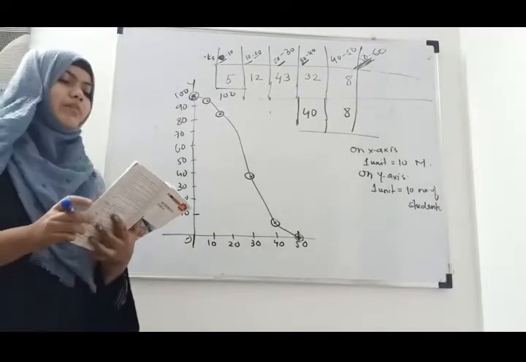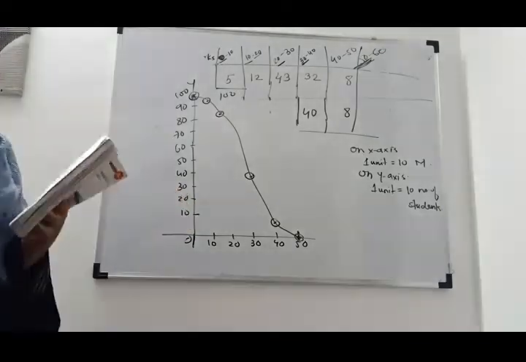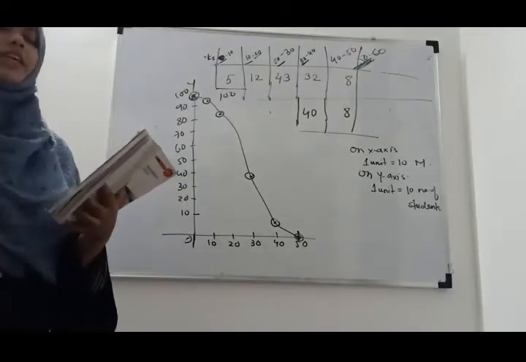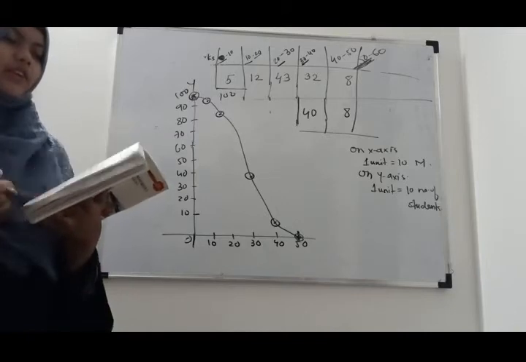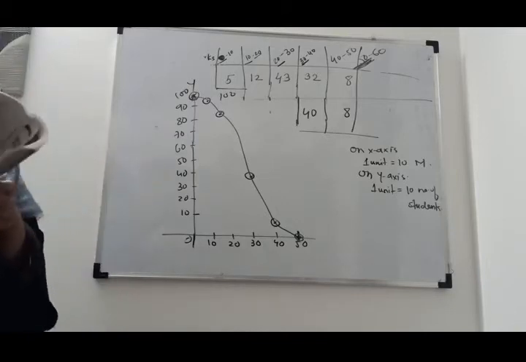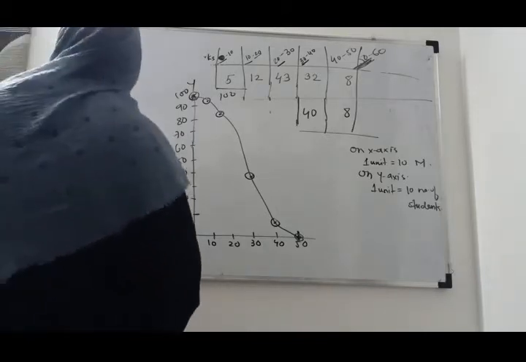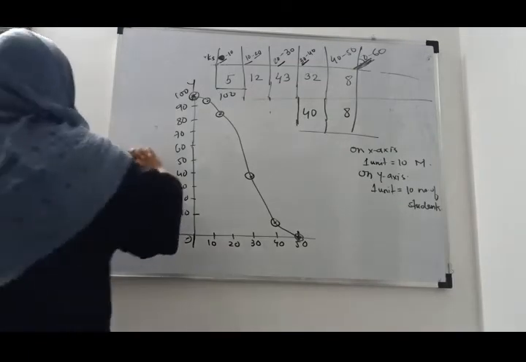Now on page number 2.17, the advantages and the limitations of the graphs are given. First we will see the advantages of the graph and then the disadvantages.